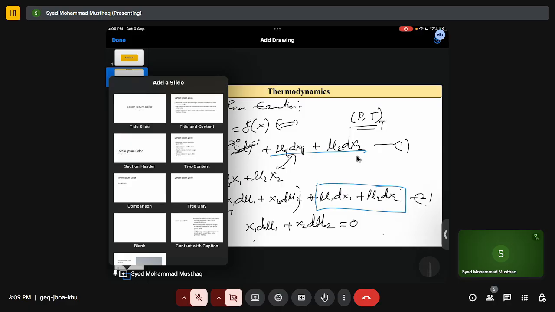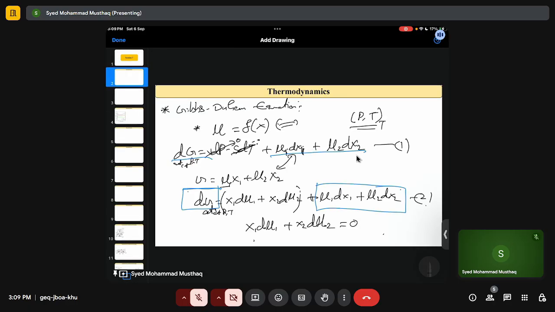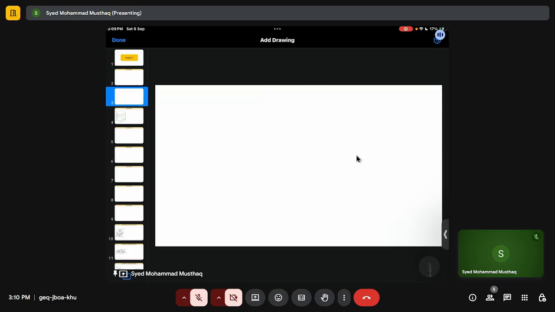One thing about this equation is, let's say my solution is not an ideal solution. This is a bit off topic, but still you need to understand, right? So let's say my solution is not ideal, then my chemical potential will be mu naught plus RT log activity. Why activity? Because when it is ideal, my activity will be equal to the mole fraction.